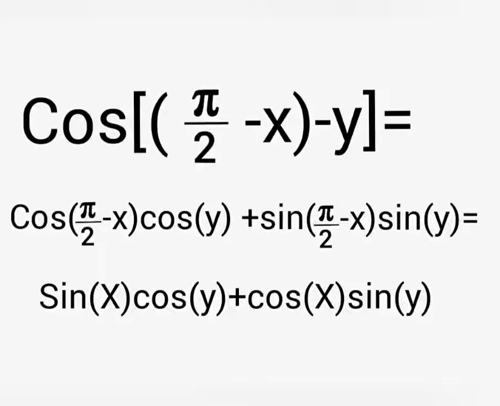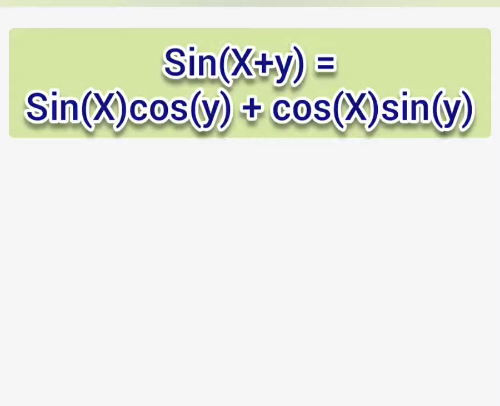Then we get cos(pi/2 - x) cos y plus sin(pi/2 - x) sin y. We also know that cos(pi/2 - x) is equal to sin x, and sin(pi/2 - x) is equal to cos x. Thus we can write sin x cos y plus cos x sin y. Therefore, sin(x + y) is equal to sin x cos y plus cos x sin y. That completes the third result.